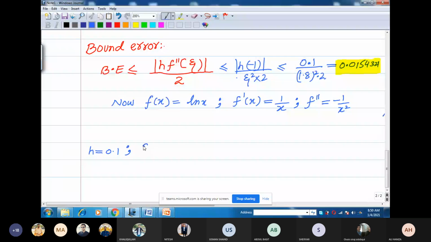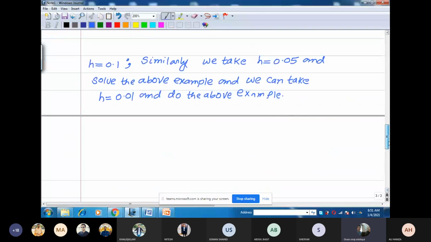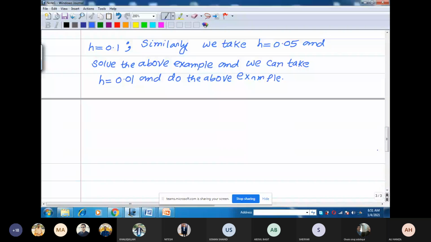Similarly we take h is equal to 0.05 and solve the above example, and we can take h is equal to 0.01 and do the above example. तो यह आप खुद से भी कर सकते हो, इतना ज़्यादा इश्यू नहीं होगा.